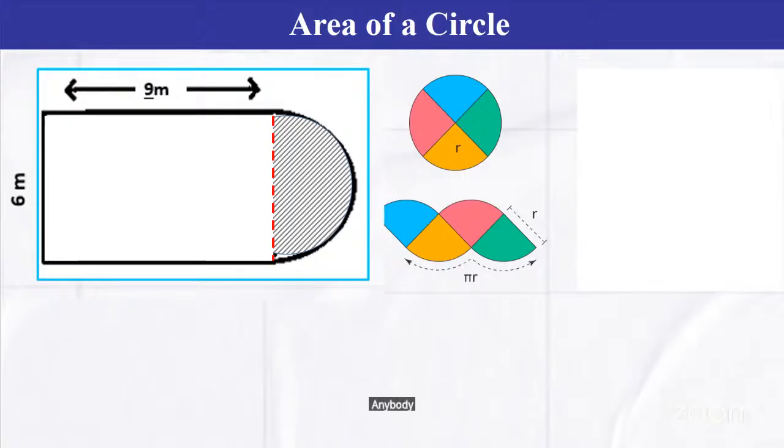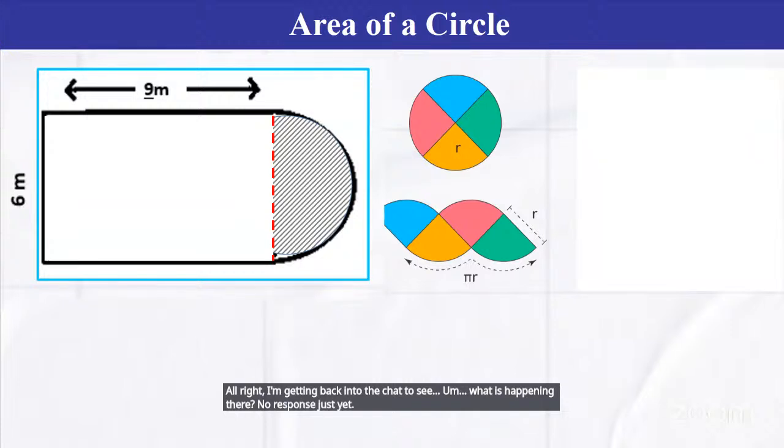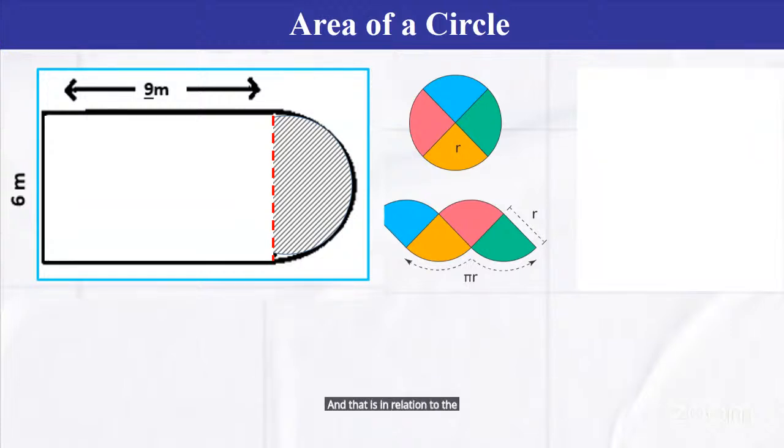Anybody? All right, I'm getting back into the chat to see what is happening there. No response just yet, in relation to the formula used to find the area of a circle.